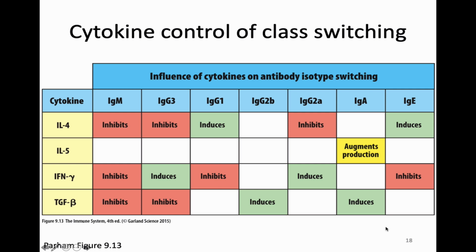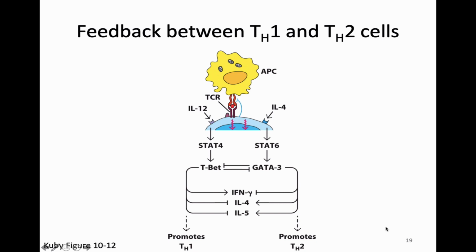And so here again, we're customizing the response to make a response that is correct for the pathogen that we've seen based on the innate immune recognition. One other really critical thing that we know about Th1 and Th2 cells is shown here.